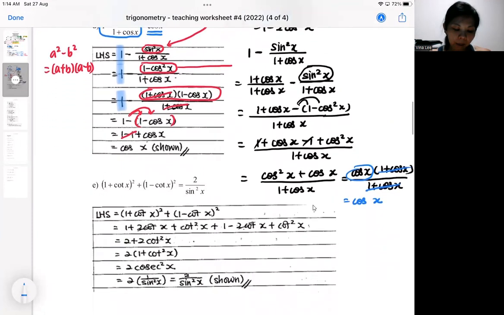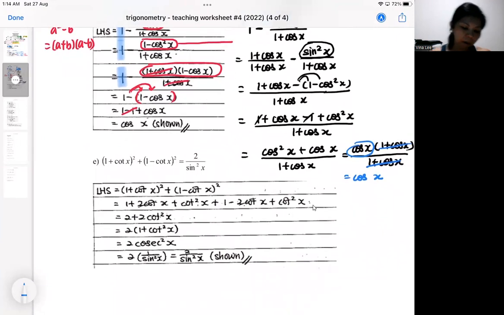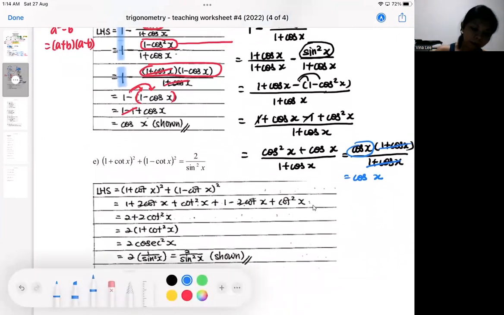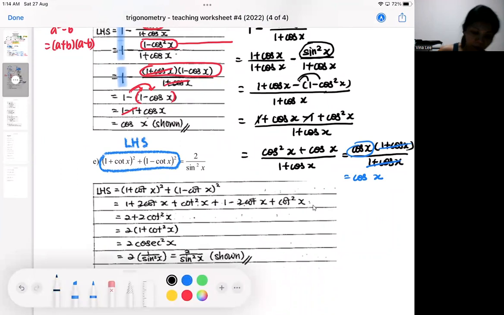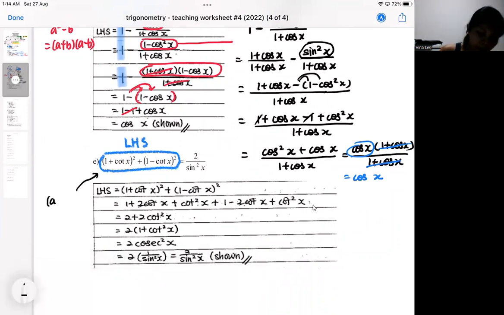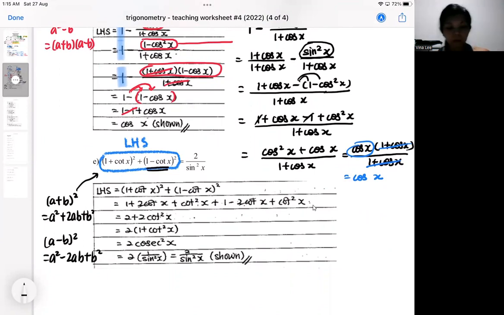Okay, in part E, which is more complex, the left side is more complex. And the first instinct, I hope when you see this, you will have thought of your sec 2 expansion. Same for this. So you should have thought of your sec 2 expansion. If you never thought of this sec 2 expansion, that means you wouldn't be able to continue.